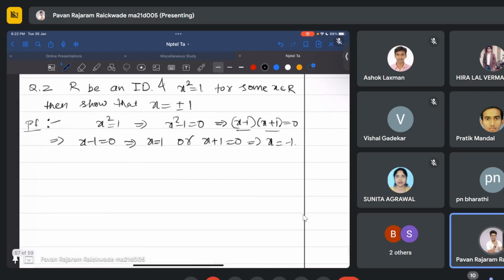Next, I'll define what a nilpotent element is.